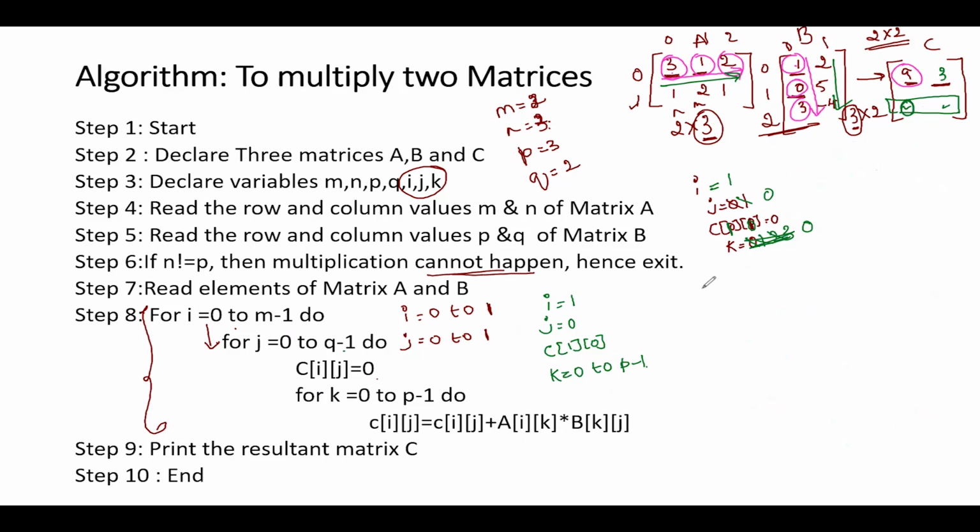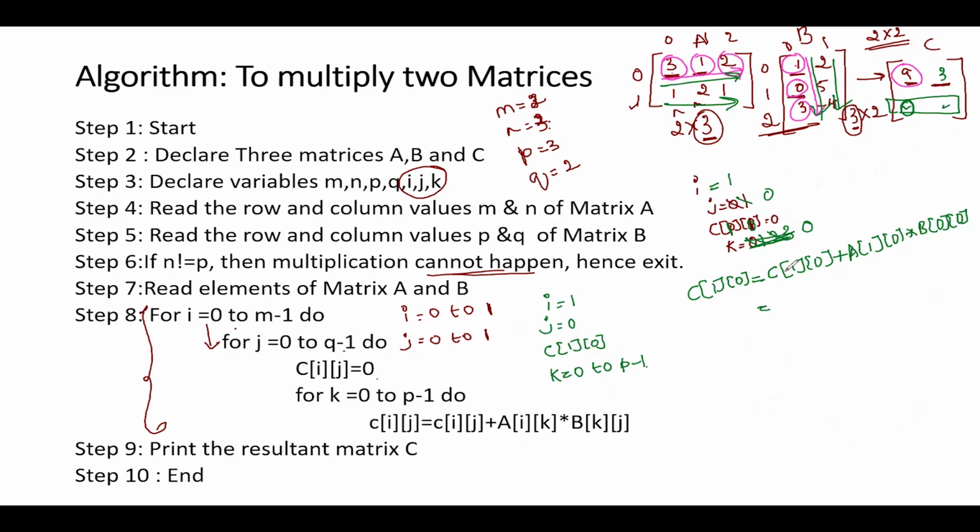Once again, I'm going to calculate c of I value, as we know that it is 1, j value is 0, which means now I'm calculating c of 1 comma 0, first row, 0th column, it is equal to c of 1 comma 0 plus, just use this formula and just see the I value and j value. I value is 1, k value is 0 into b of 0 comma j value is also 0, which means what I'm trying to do now, I'm trying to multiply this with the first column.